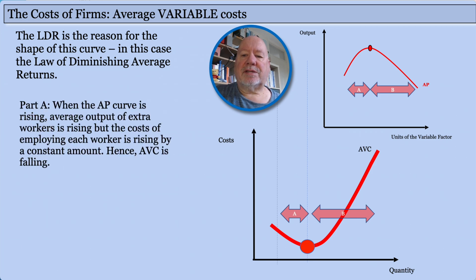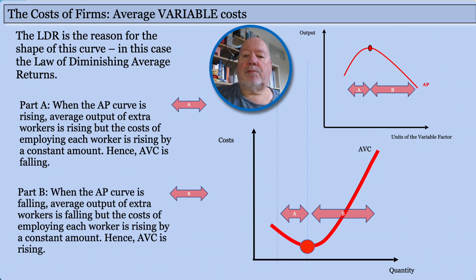So there's a part A to this curve here where the average product of the extra worker starts to rise, and so as we're adding the same amount to our costs each time because we're increasing our units of variable factor, the argument is that as they become more productive, the average cost of producing these goods is going to go down because you're adding the same to your costs, but they're giving you more and more output. So you're dividing those costs by an ever increasing amount of output. So the average cost initially falls because of the law of diminishing average returns.